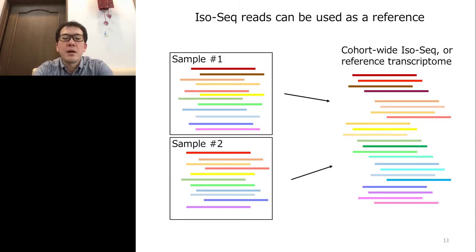You can build a reference transcriptome using the information obtained from the target samples to be analyzed. And once the transcriptome is created, you can use that transcriptome to make comparison between samples or between subtypes. Also, you can make use of various analytical tools that are now available.